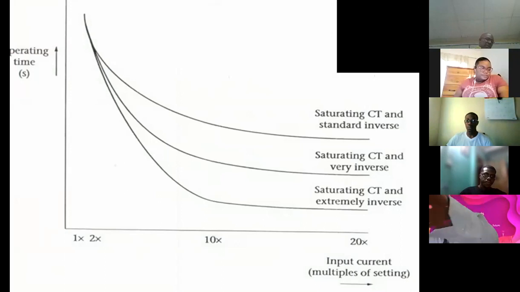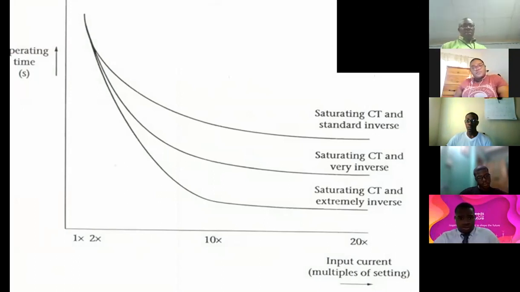So that's saturation CT with your standard, your very, and your extremely inverse characteristics. And you have the diagram, right? So just make a note that you reference that particular diagram.